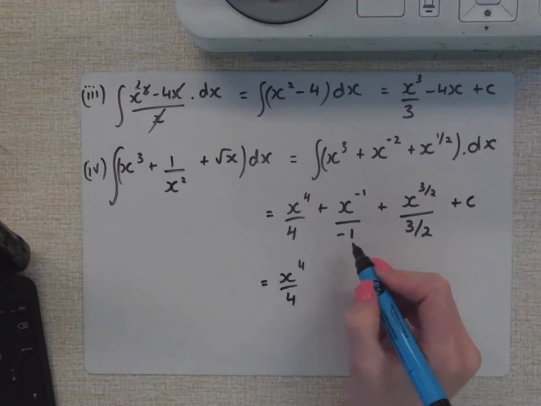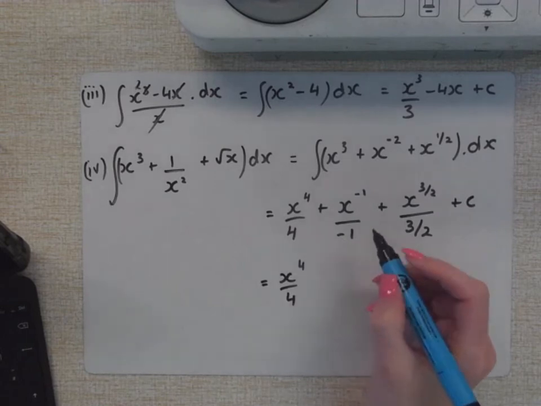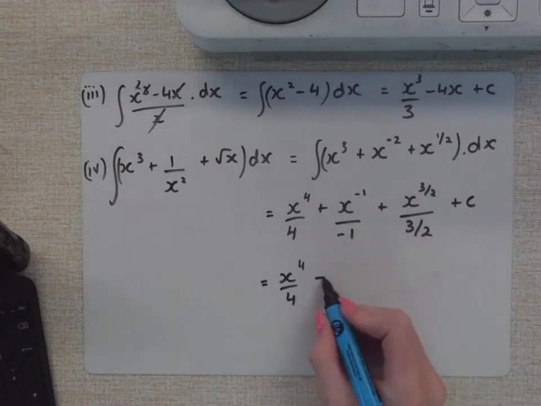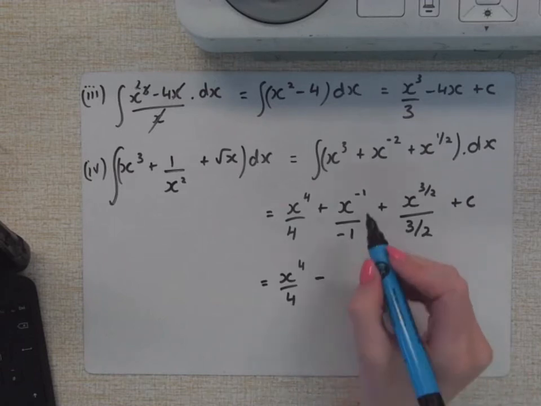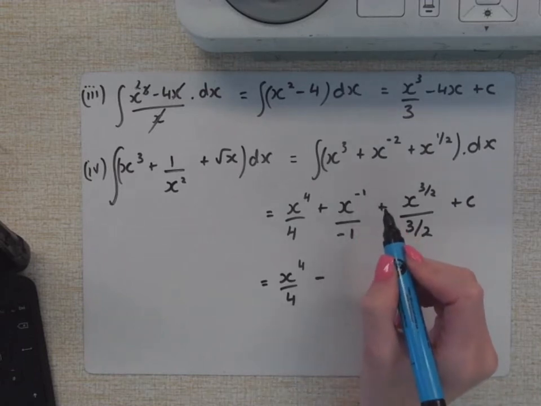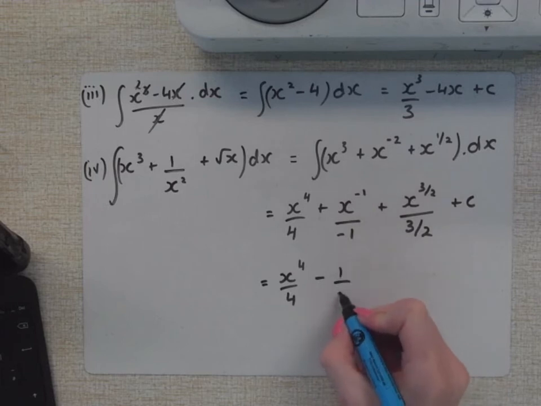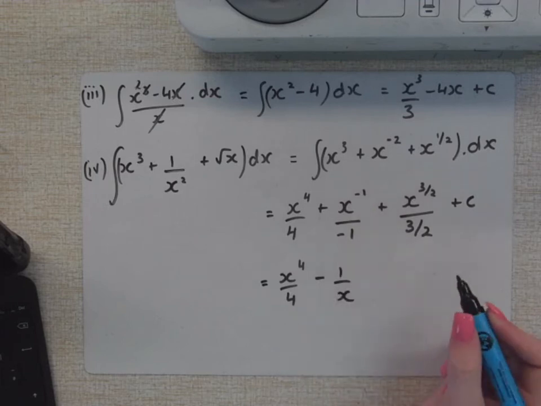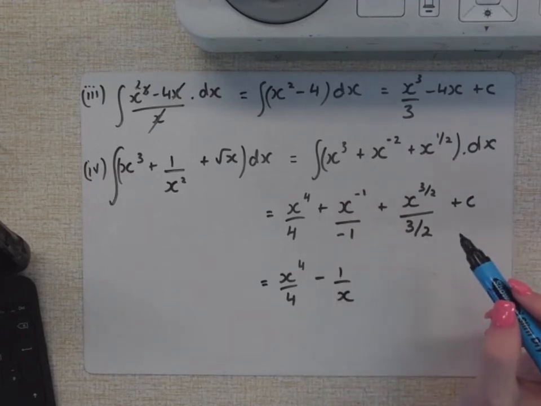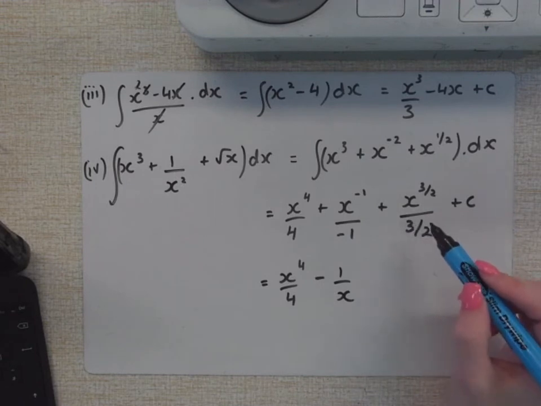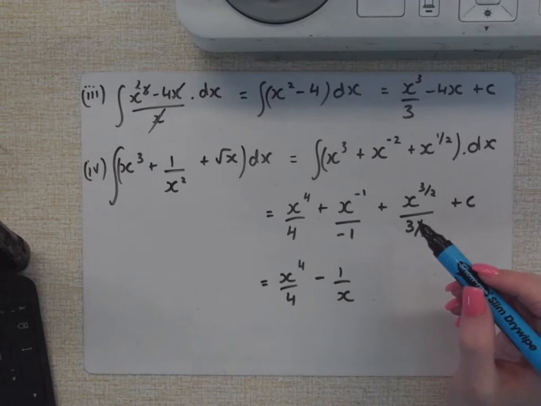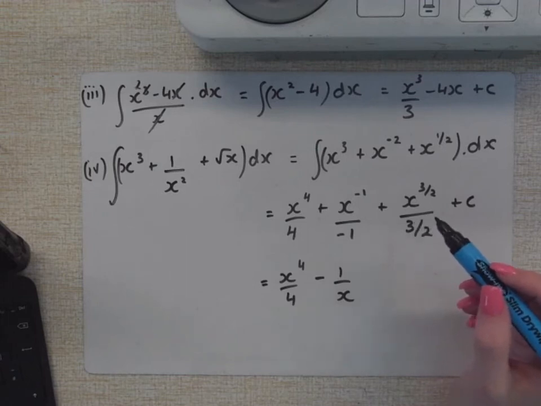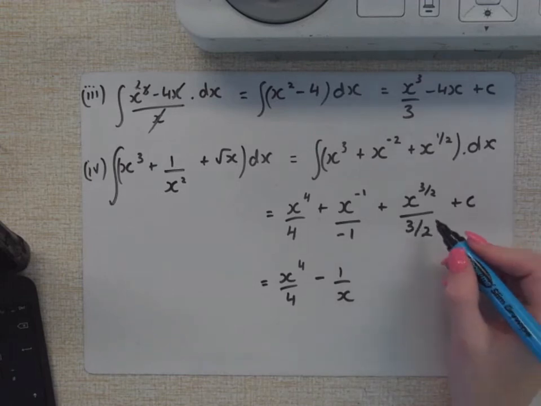So to tidy this, I'm just left with x to the power of 4 over 4. Now, a minus on the bottom, we always pull it out and put it in front of the whole fraction. So that's minus. x to the power minus 1 is what? 1 over x. Good. Divided by 3 over 2 is the same as multiply by, turn that upside down.